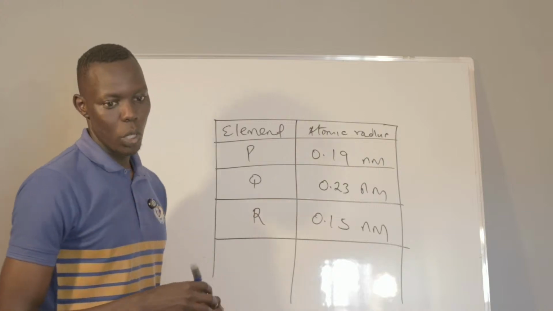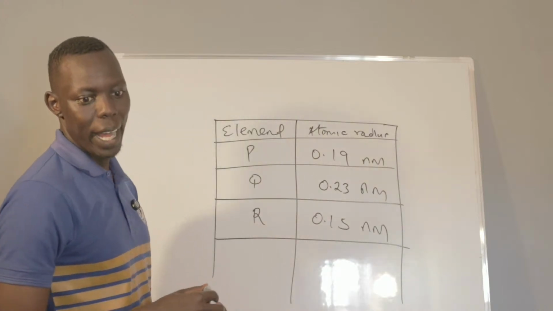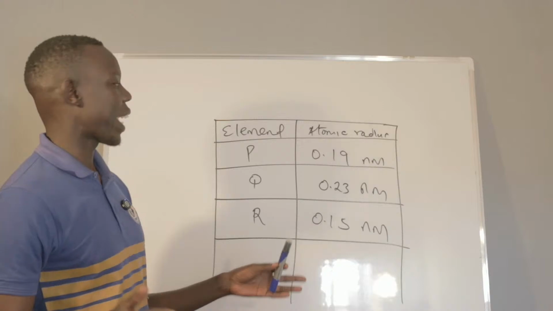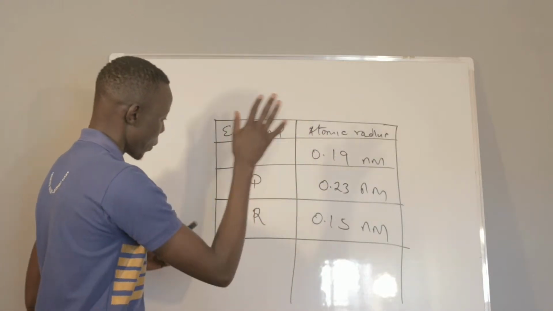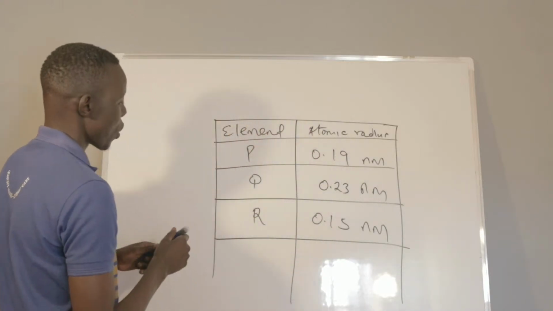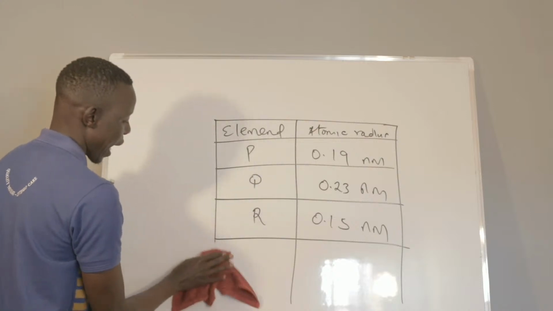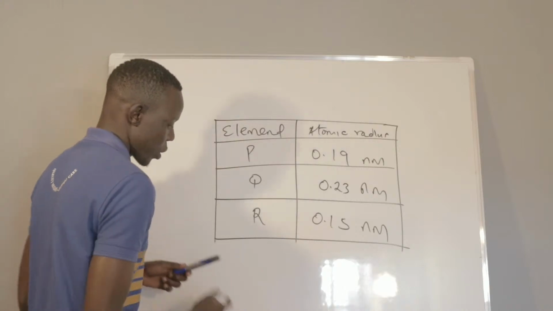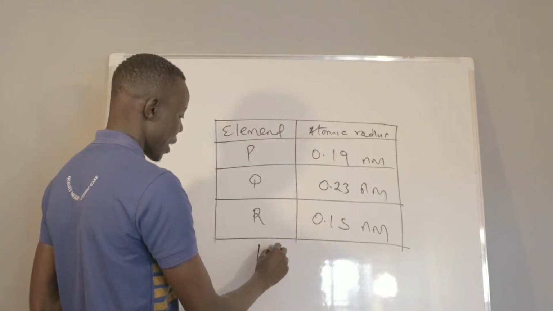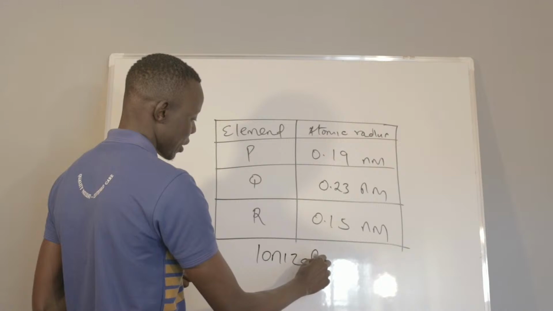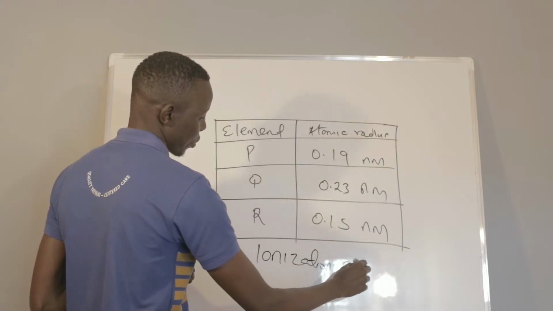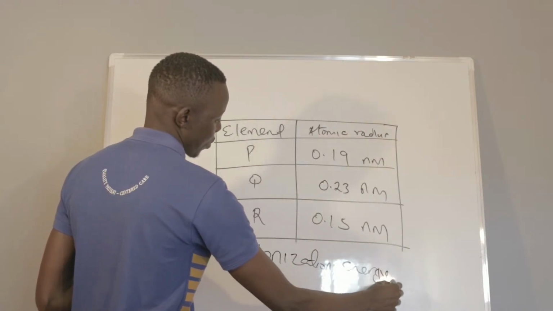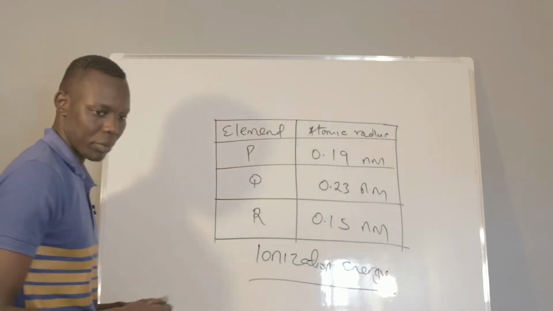Now, there is a question you have been asked. Which element has the highest ionization energy? Why? Between P, Q, and R, which element has the highest ionization energy? Let's start there.